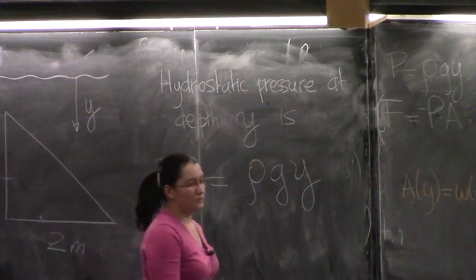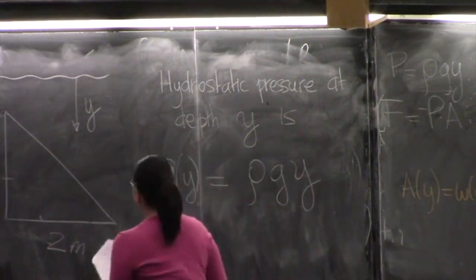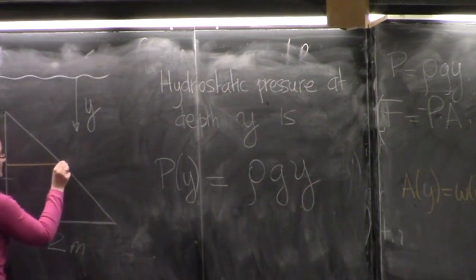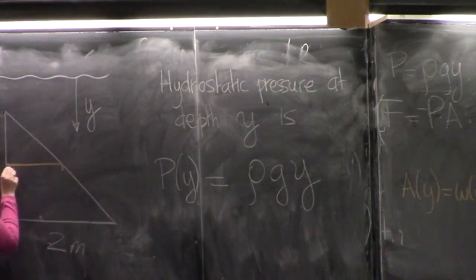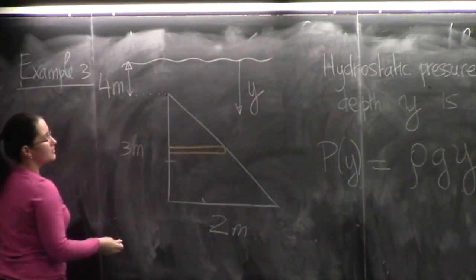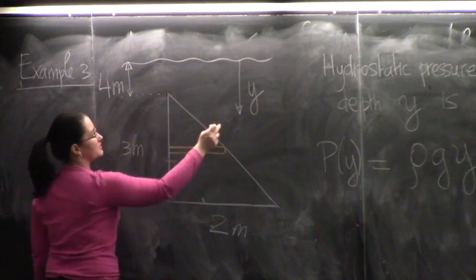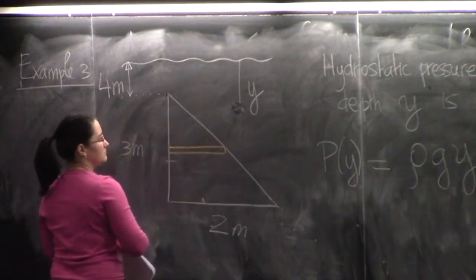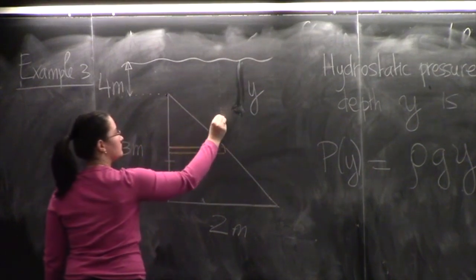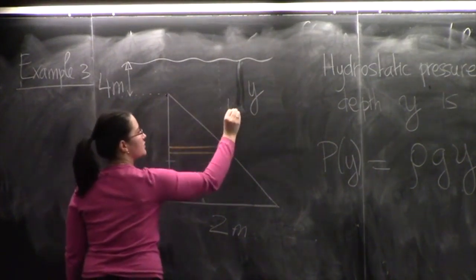Okay, so now we do the same business. We take some thin strip at depth y. So this is y from here to here. This is y.